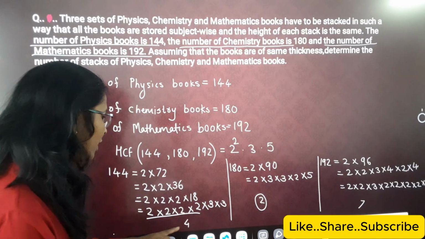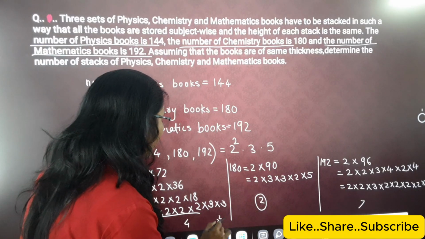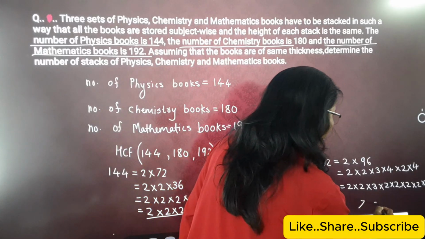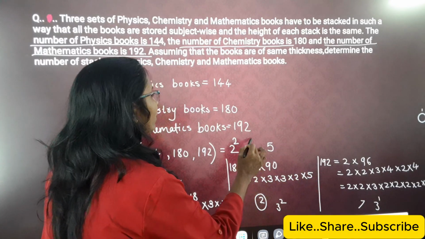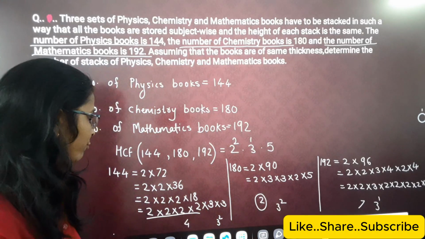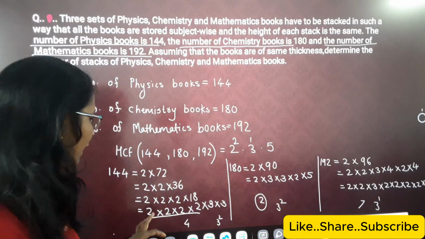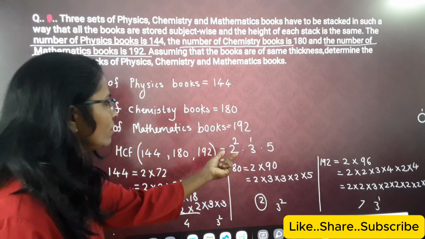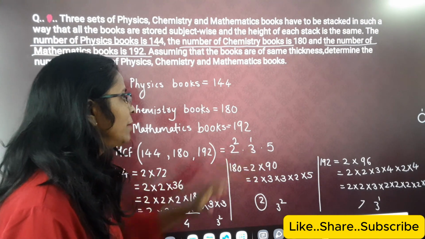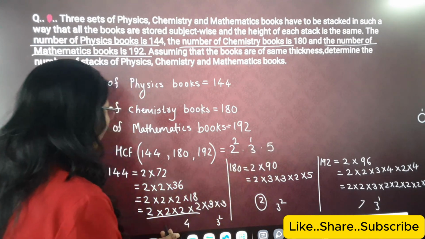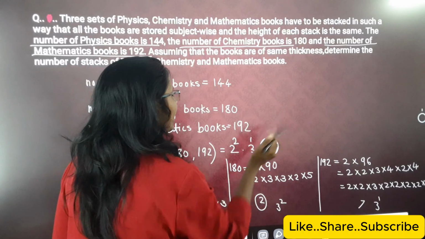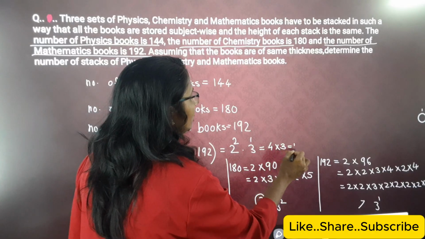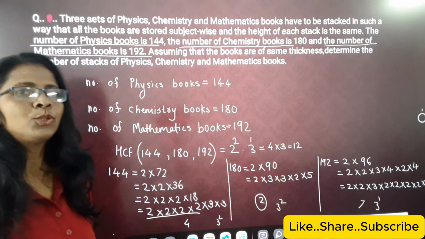The lowest power of 3 is 1. 5 is not contained in 144, so it is not included. So square of 2 multiply 3, that means 4 multiply 3, which is equal to 12. So the HCF is 12, students.